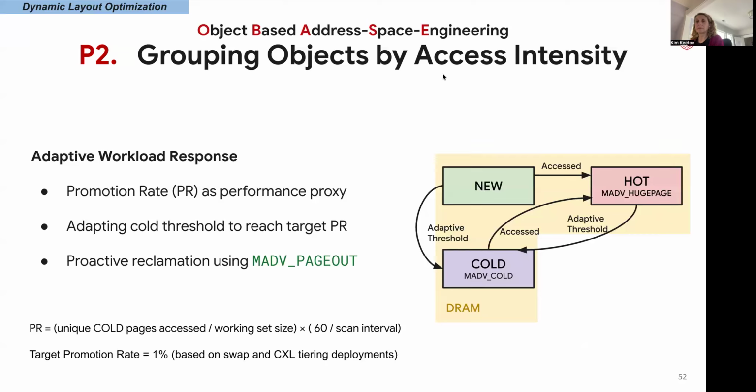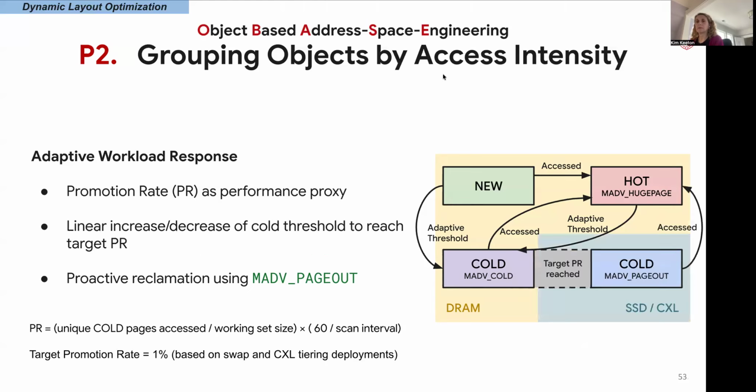There's an adaptive threshold which decides when an object can go from the new heap to the cold heap, and we keep changing this threshold over time with a simple linear increase and decrease policy.